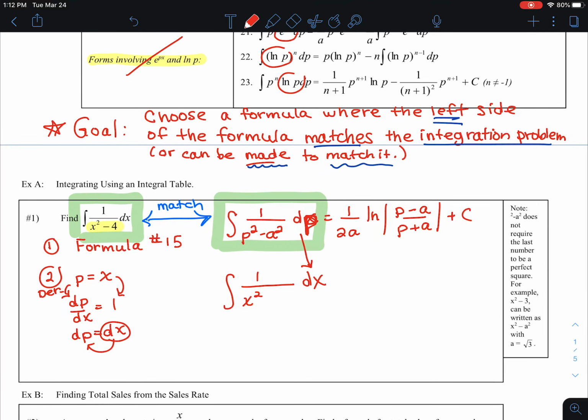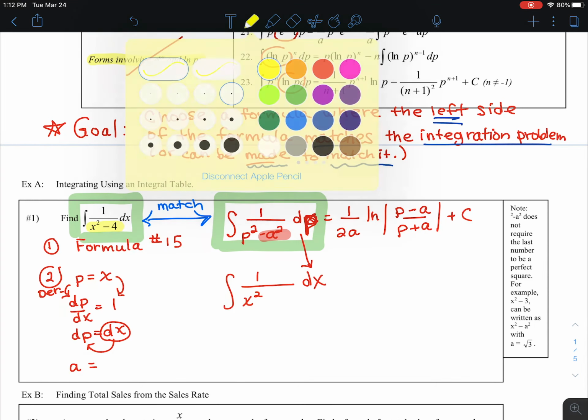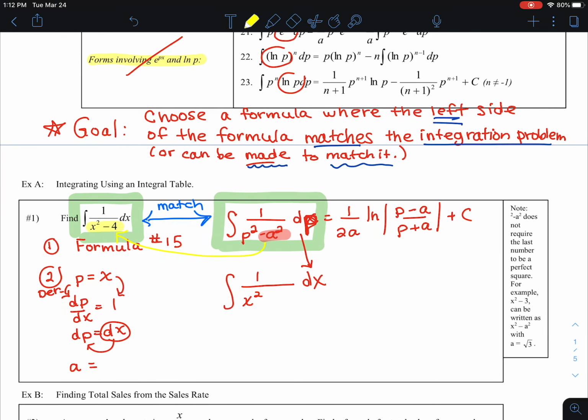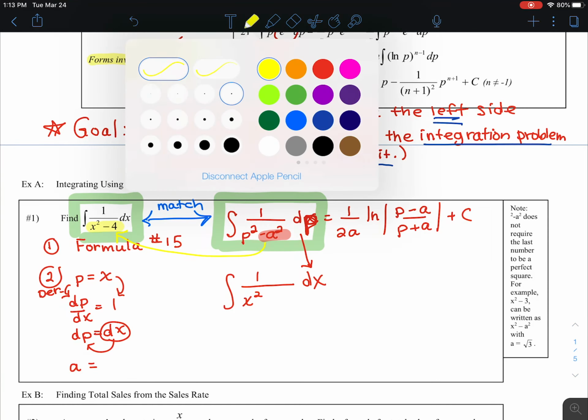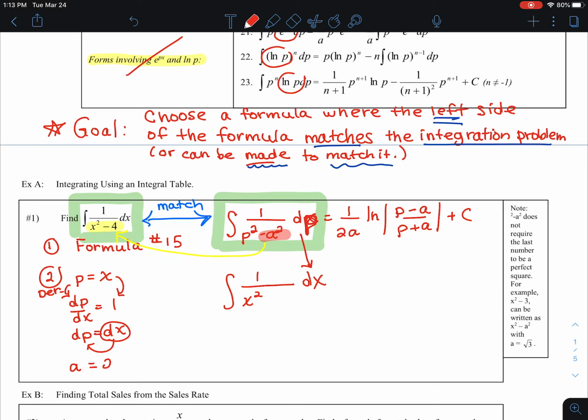Now I have another substitution here. You'll notice there is an a squared right here. I have to plug something in for the a so that after I square it, it becomes a 4. That means the a really should have been a 2.